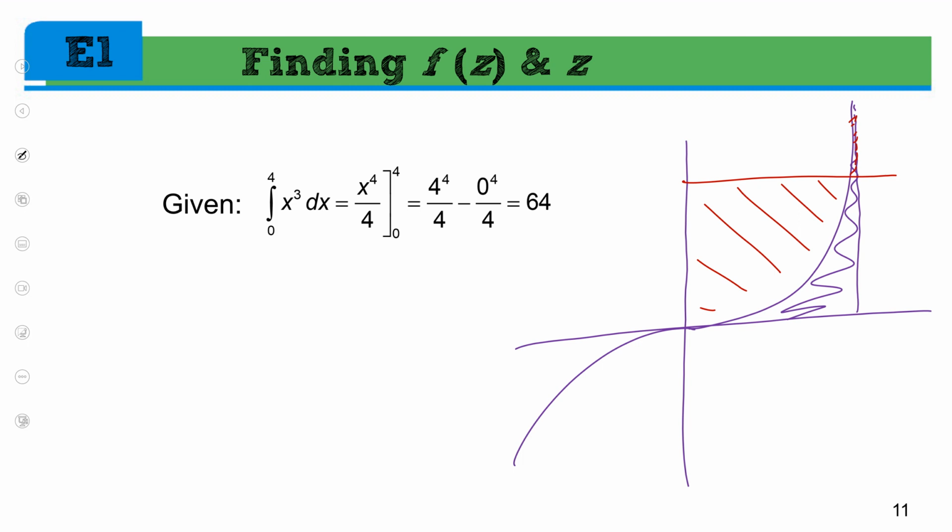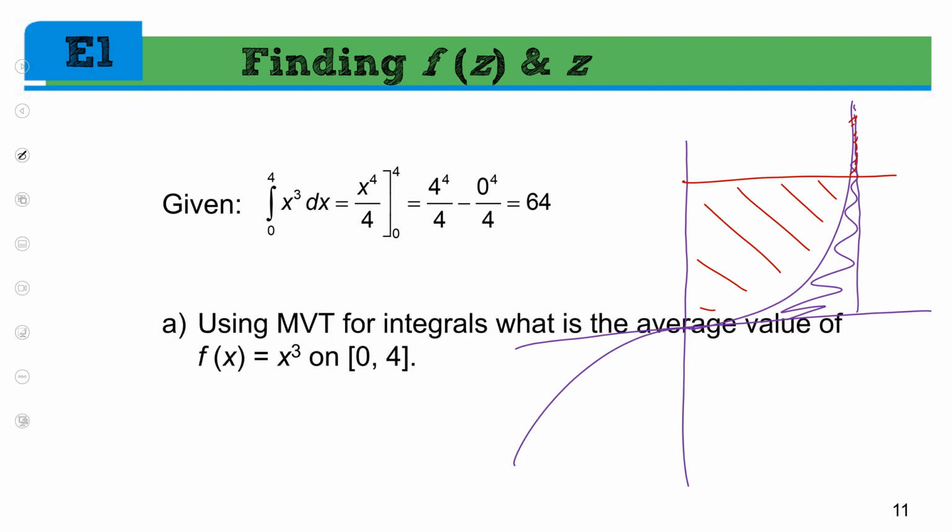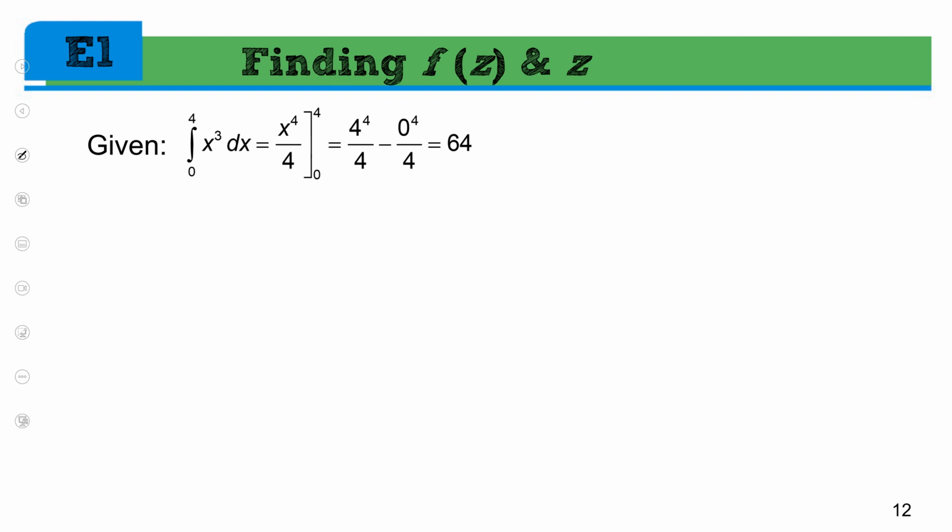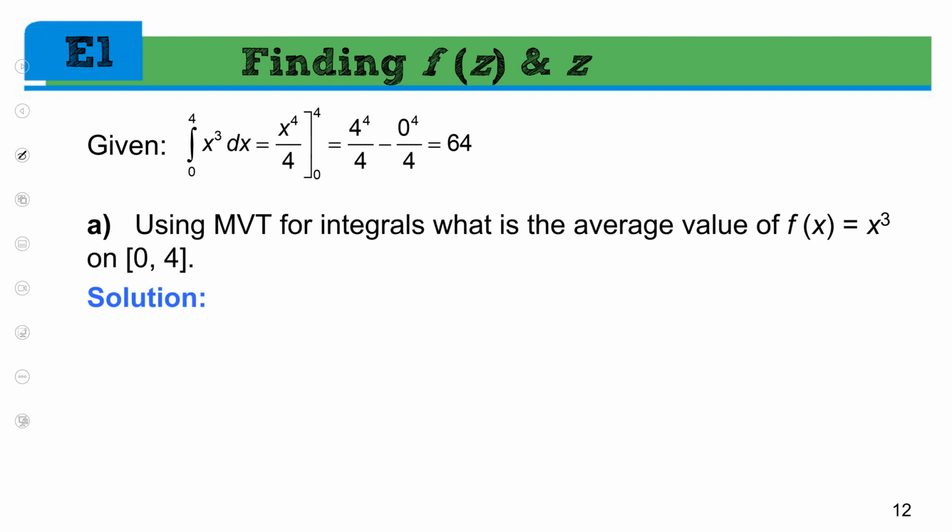From 0 to 4. So I did the math for you already, and I told you that the area under the curve between the graph of x cubed and the x-axis has an area of 64. Its average value is then 16.